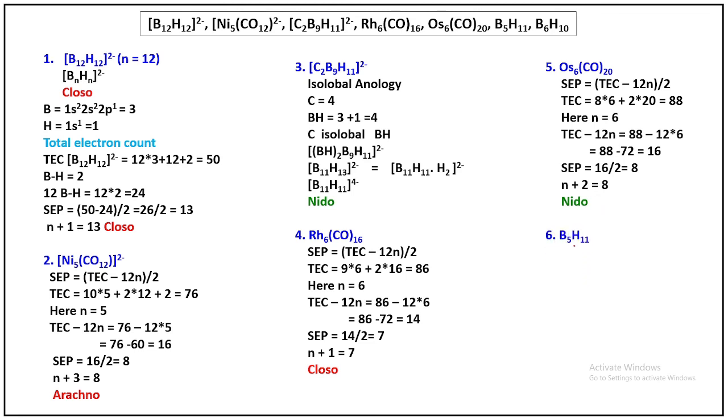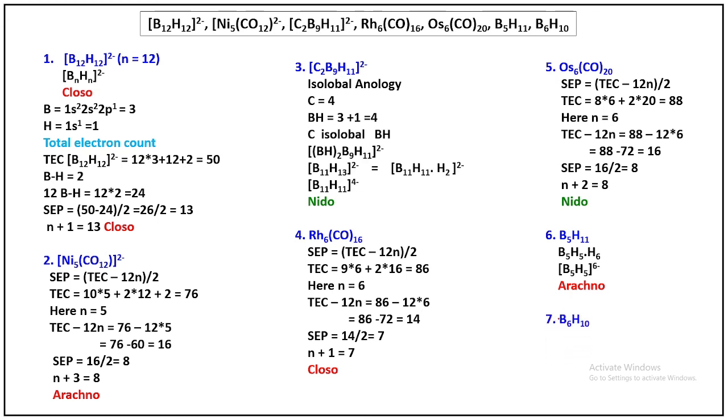The next one, B5H11. This can also be written as B5H5H6. And from here, if I remove 6H plus, 6 negative charge will be present, and we can write this as B5H5 6 minus. This will fall under the category BnHn 6 minus, and hence has an arachno structure.